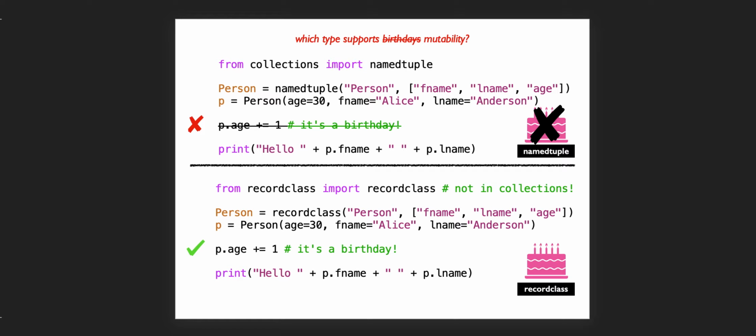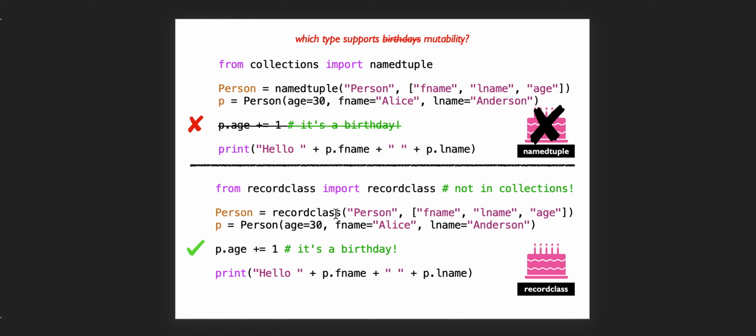Whereas if you take a look at the corresponding implementation using record class, you will be allowed to change the age attribute of that particular person, and luckily the person information can be updated and they can actually have a birthday to celebrate. Alright, so record class is going to be similar to name tuple. You're going to import record class from the module record class, which is sort of weird.